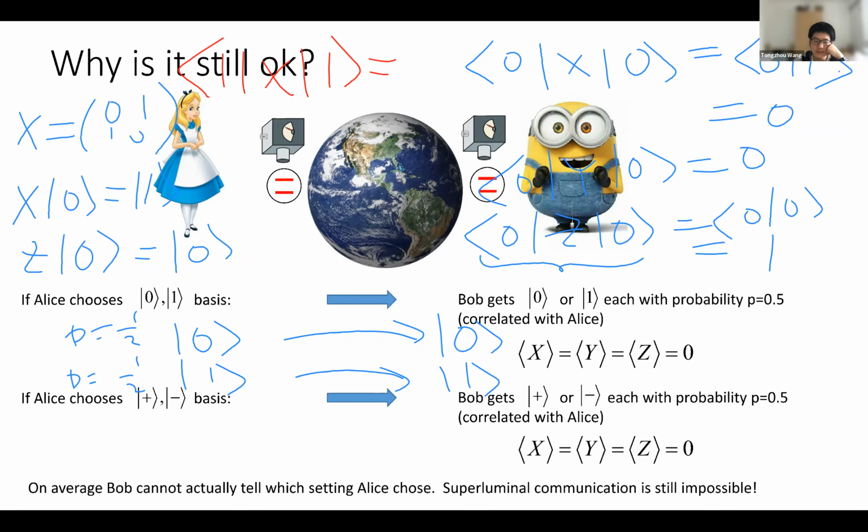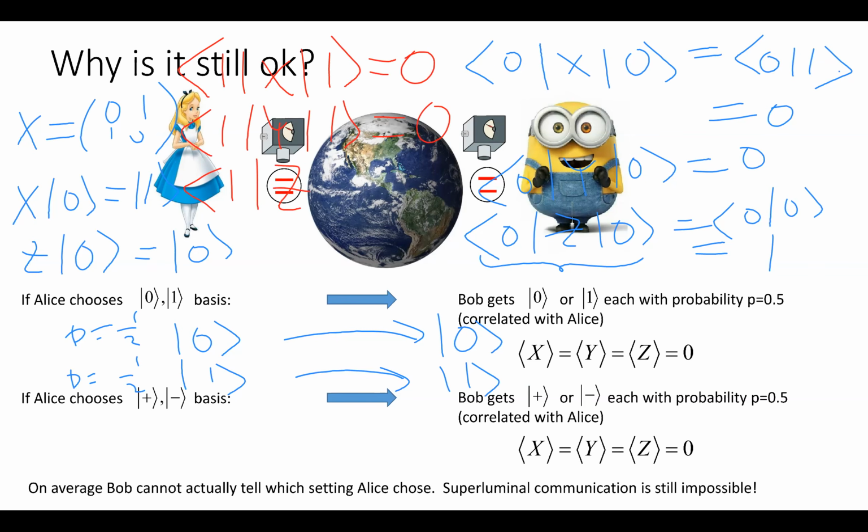Zero. Yes, this one is 0. Okay. Expectation of y with the 1 state is also 0. Expectation of the 1 state with z, what is that going to give? -1. Right, exactly, -1. Because z acting on the 1 state gives -1 times that.